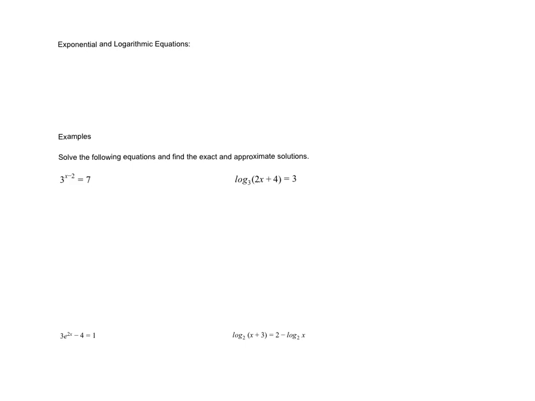So the last thing we're going to look at is solving these exponential and logarithmic equations. An exponential equation is going to be an equation with the variable in the exponent.